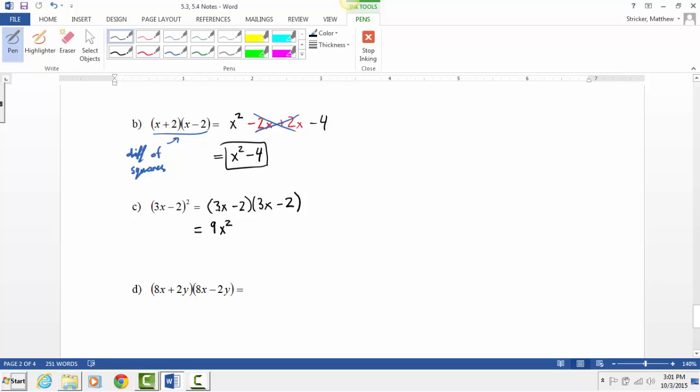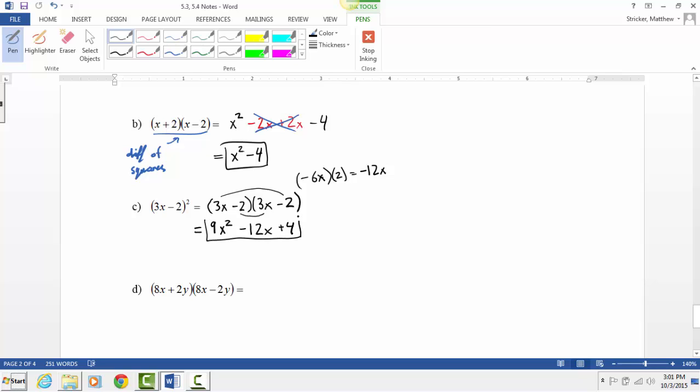So we have 3x times negative 2, and then negative 2 times 3x. 3x times negative 2, that's negative 6x. And two of those, multiply that by 2, that's negative 12x. So we'll have negative 12x, and then negative 2 times negative 2, that's positive 4.